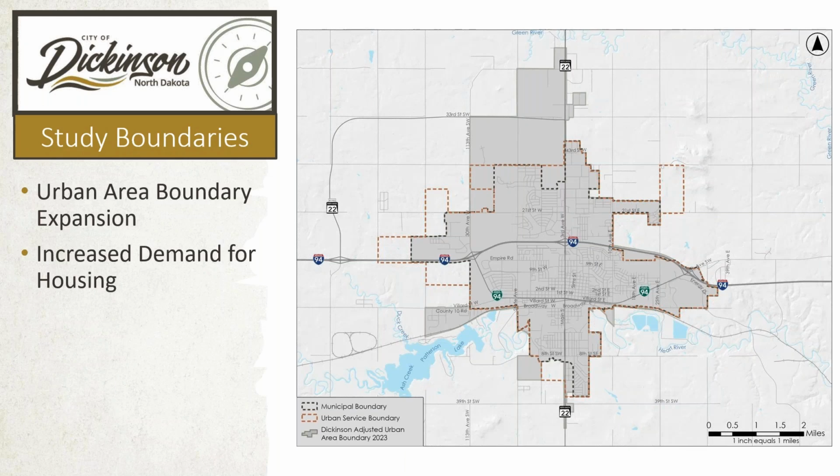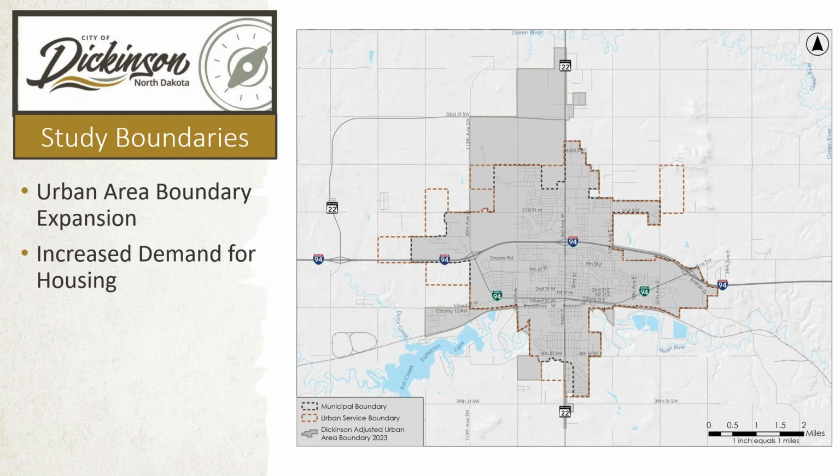So as we started laying out our study boundaries, we looked at the current municipal boundary and really looked at where additional development pressures were in the city of Dickinson. That urban service boundary was expanded out to capture a few parcels that we're looking at for future development in the next 10 to 20 years, increasing that demand for housing.